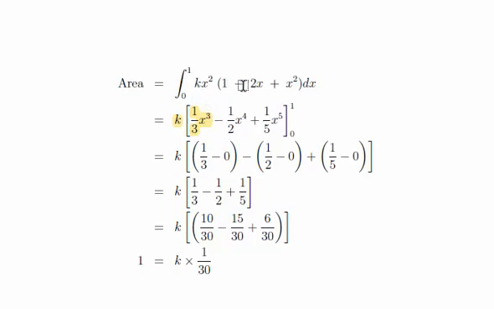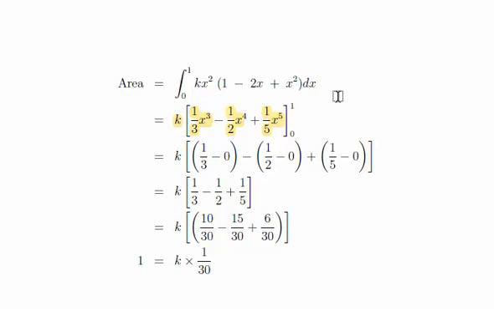Now, x squared times 2x is 2x cubed. When we integrate that, we get x to the power of 4 over 4, and because it's 2x cubed, instead of 1 over 4 we have a half. And finally, x squared times x squared is x to the power of 4. When we integrate that, we get 1/5 of x to the power of 5.